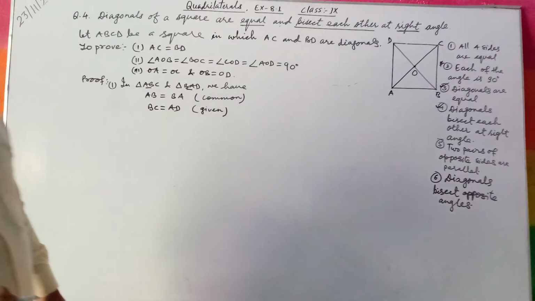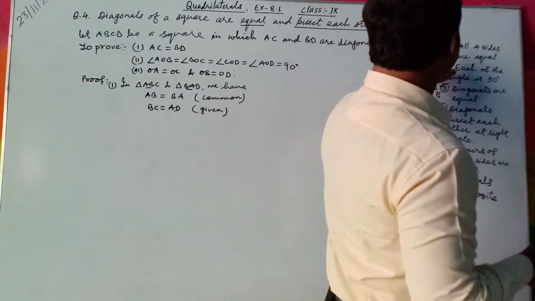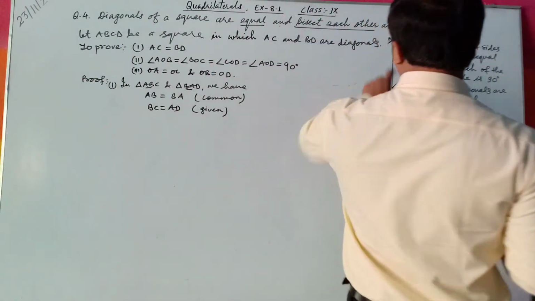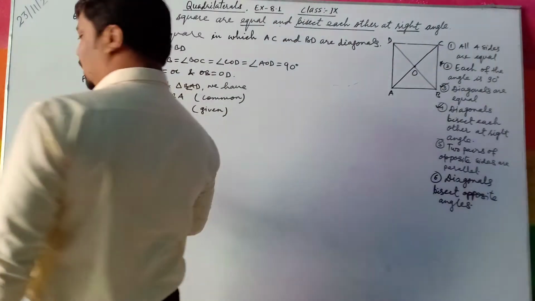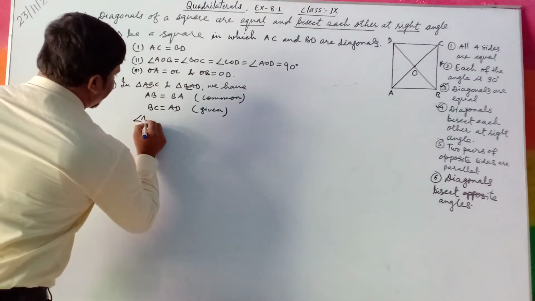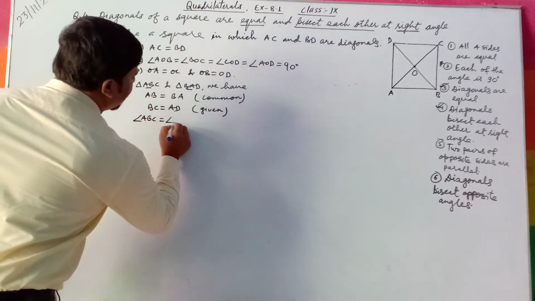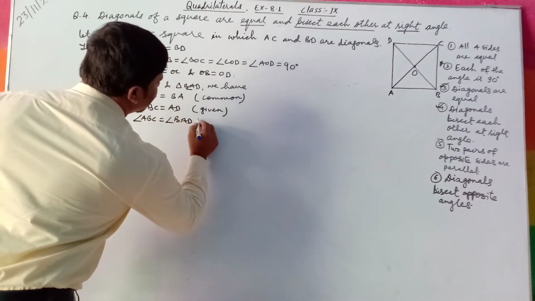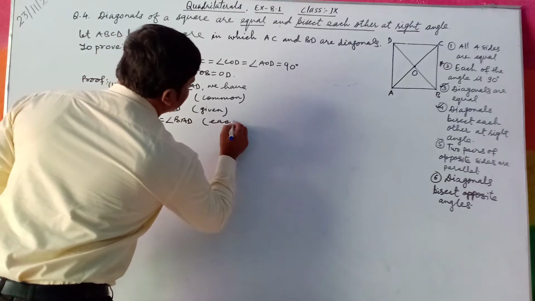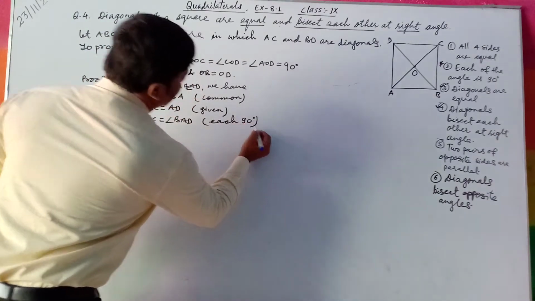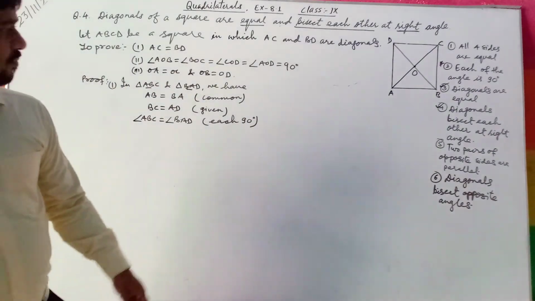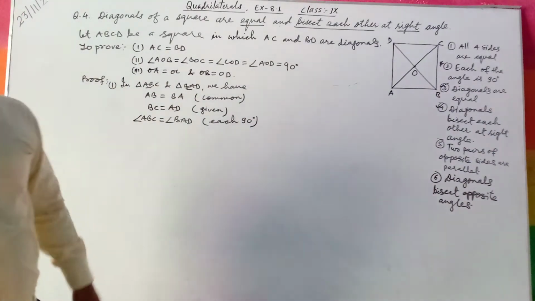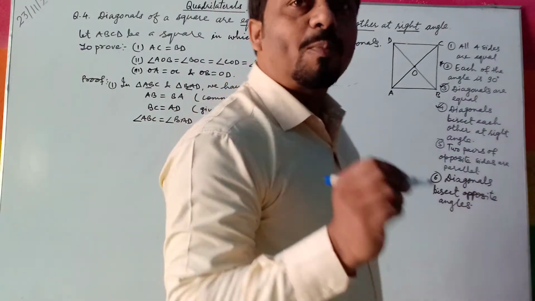After that, angle ABC equals angle BAD, each 90 degrees. Understand? So now we will see the property.